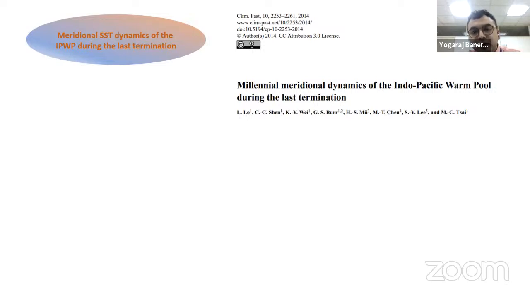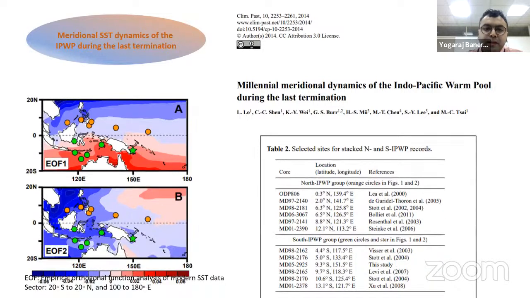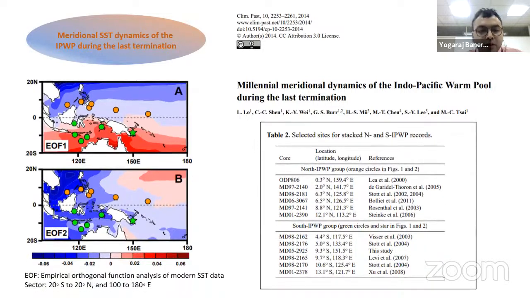And this is a paper which came out in 2014 in Climate Dynamics. So in this particular work, what the authors first did was carry out the empirical orthogonal function analysis on the modern SST data for the sector 20 degrees south to 20 degrees north, and also from 100 to 180 degrees east, in order to differentiate the northern part of the Indo-Pacific Whirlpool and the southern part of the Indo-Pacific Whirlpool.